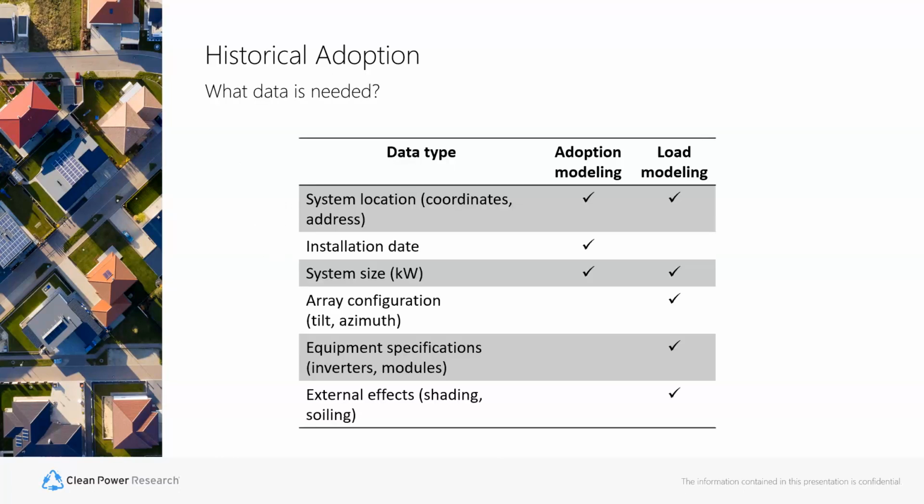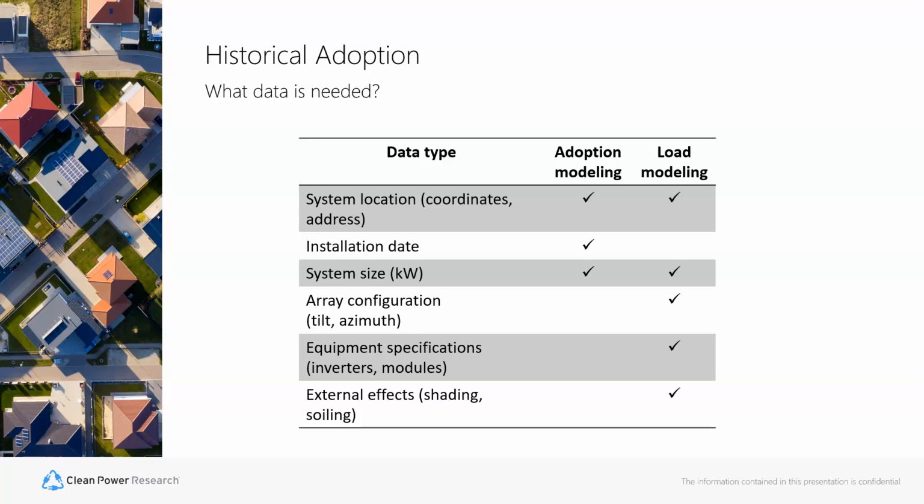So the data that we look for in order to do this type of adoption modeling, first is just system location. This is kind of optional. If we're just doing a service territory, we don't need the exact location, but to break it down geographically, the location is needed. We also look for installation date and the system size. Now, if we're going to do production modeling, we also need that system location, that's key, and the size.